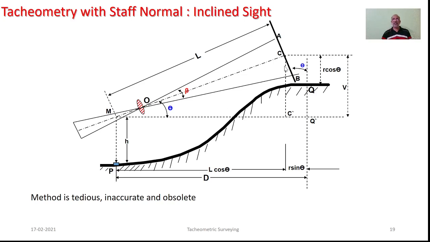Defining the face of the staff normal to the line of sight is cumbersome. Because of the wind, because of the displacement of the staff, personal and instrumental error, the result would be inaccurate, and hence the method is obsolete. Hence, we are not going to discuss this particular method under the scope of this particular presentation.